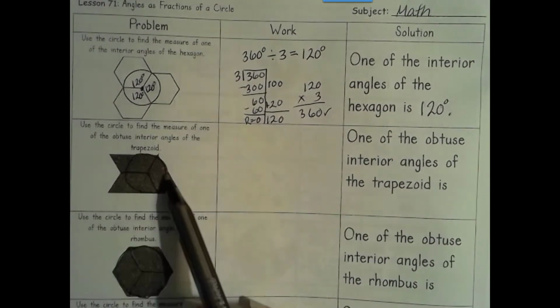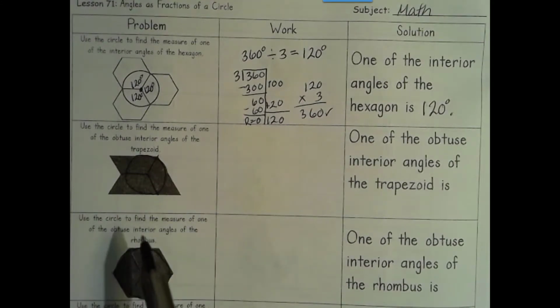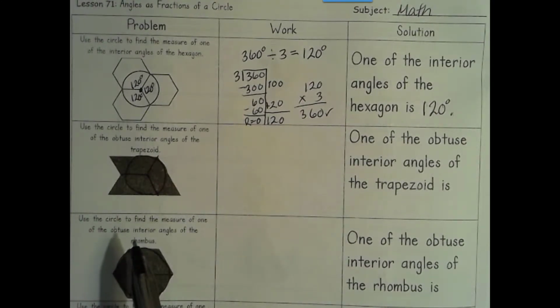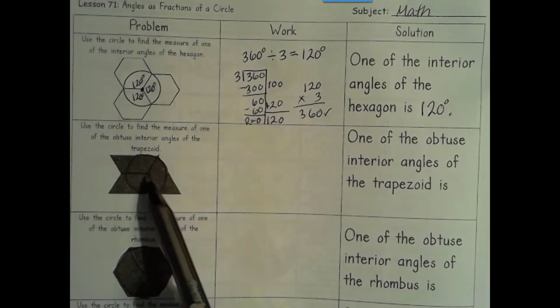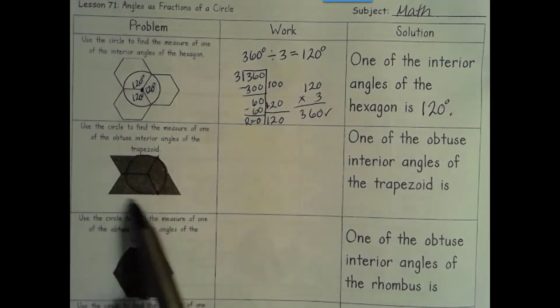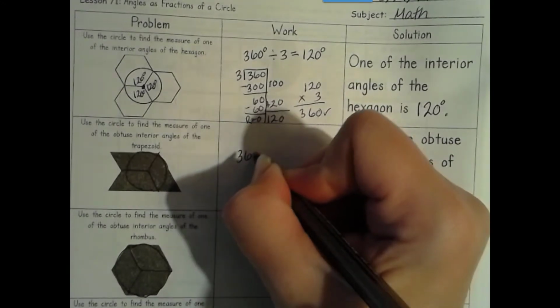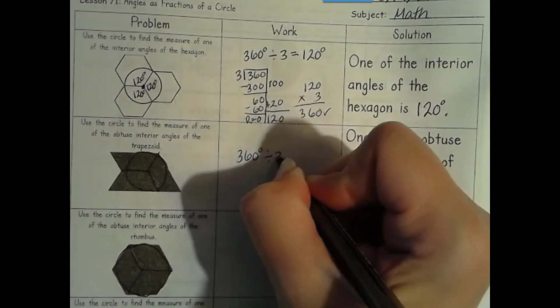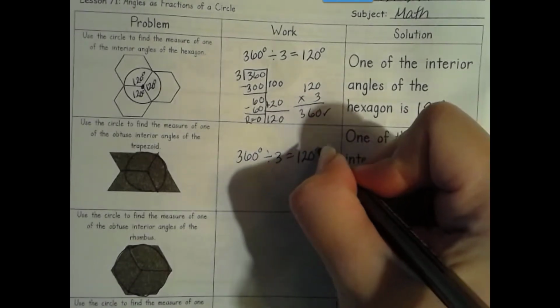So here we have 3 trapezoids. So if we were looking at pattern blocks, they would be the red ones, I believe. And again, if you set that circle on top where you put the same angles together, it cuts it into thirds. So 360 degrees divided by 3, well, we've already done the work once, is 120 degrees.